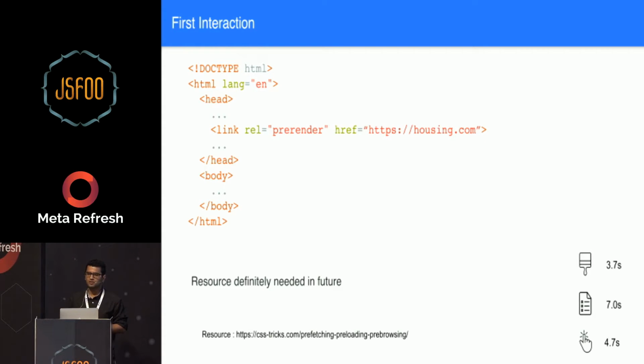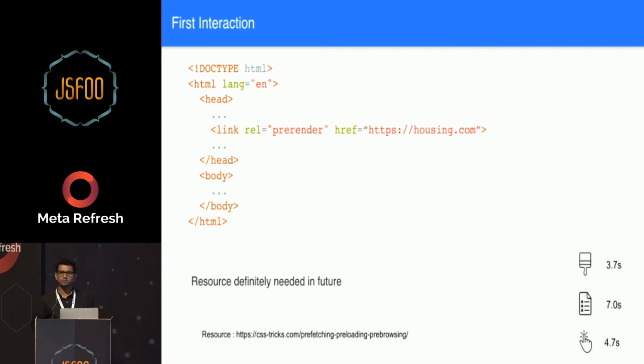Then we have a very powerful meta tag, link prerender. If you give something like link rel prerender and an href pointing to a page, the browser will actually load the complete page in the background.